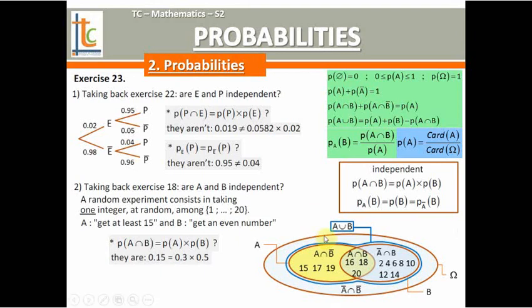Now let's go back to our thinking. Is the proportion of elements of B inside omega the same as the proportion of elements of B inside A? The proportion of elements of B inside omega is 10 divided by 20, so 50%. The proportion of elements of B inside A is 3 divided by 6, 50%. So this is a special case. In this scheme, yes, the two proportions are equal.